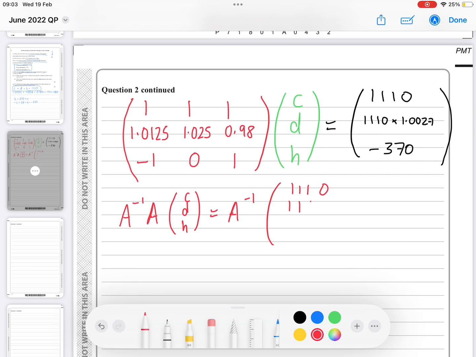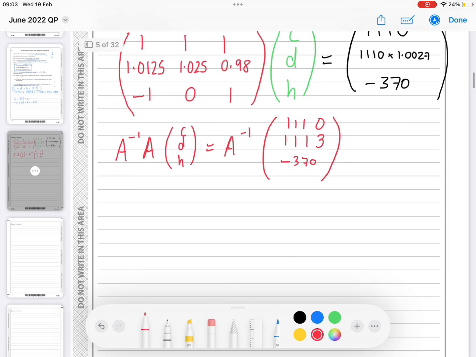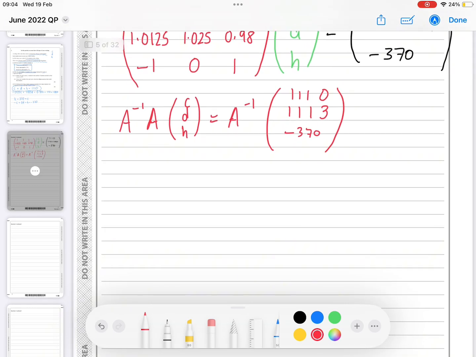And this is approximately equal to 1113, minus 370. So we know that these two matrices here can be rewritten simply as I. So we have I lots of CDH equals the inverse matrix of A times this matrix here.